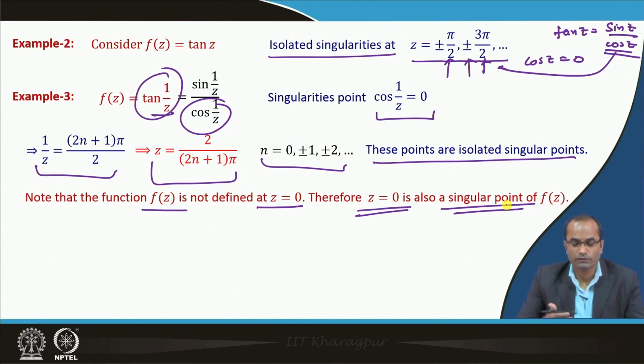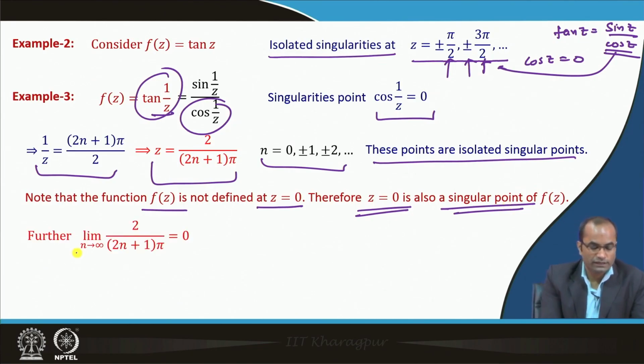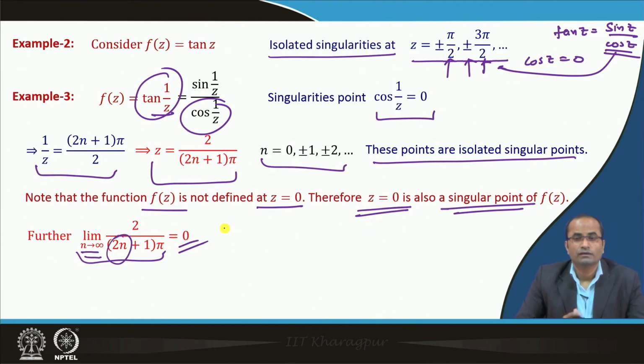Now, we will observe whether it is an isolated or non isolated singular point. If we notice what happens to these points 2 over (2n plus 1) pi, which are the isolated singular points, as n approaches infinity, this is going to 0.